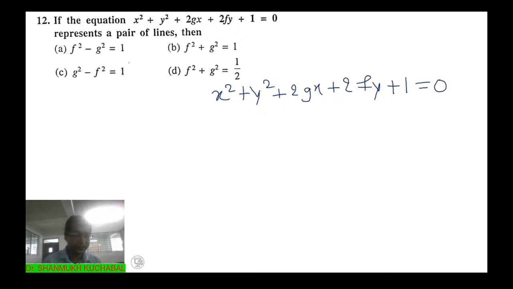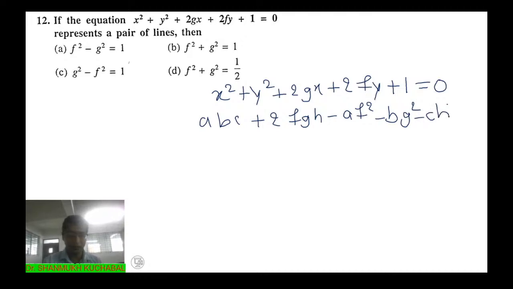Further, this represents a pair of lines if there exists one more equation: abc plus 2fgh minus af square minus bg square minus ch square equal to 0.